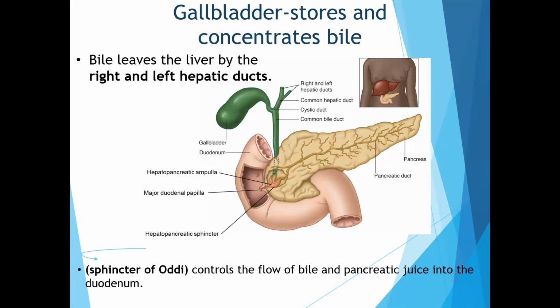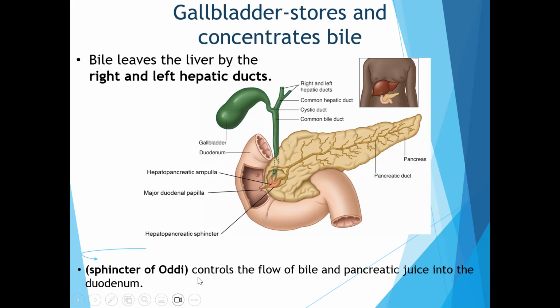All right, I know I've said this a few times now, but our gallbladder not only stores, but concentrates the bile. So bile leaves our liver via the canaliculi, and it collects in the right and left hepatic ducts. Those feed into our gallbladder. So I don't think you can really see it in this picture. Okay, that's right. The sphincter of Oddi is also our hepatopancreatic sphincter.